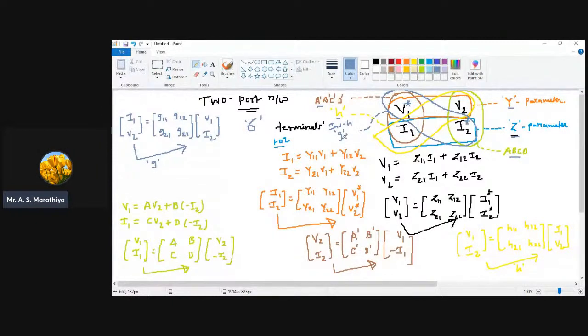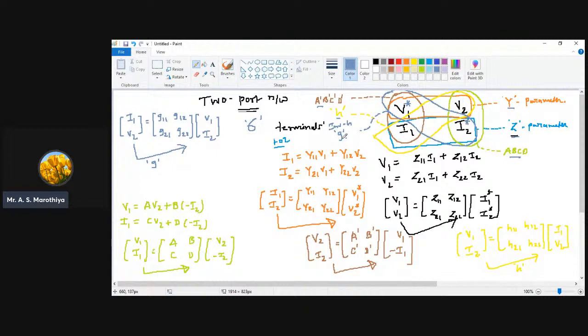If you have 4 parameters in your hand, of which 2 parameters are from port 1 and 2 parameters from port 2, and in each case you take any two quantities to be dependent and any two to be independent, you have only 6 possible conditions, and for each condition we named the two-port network.